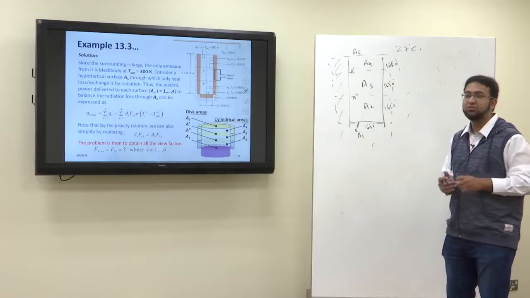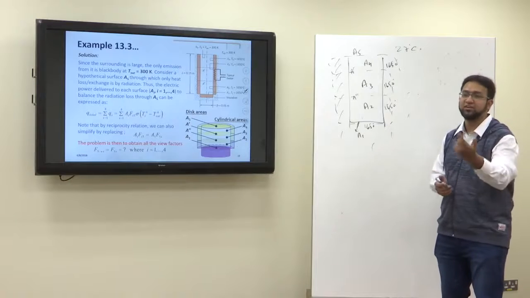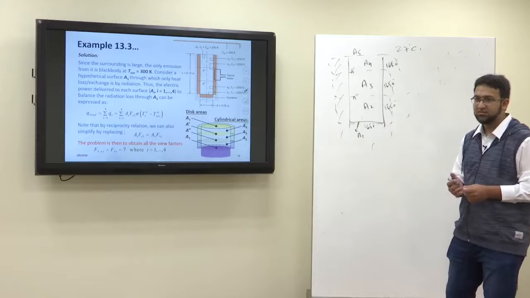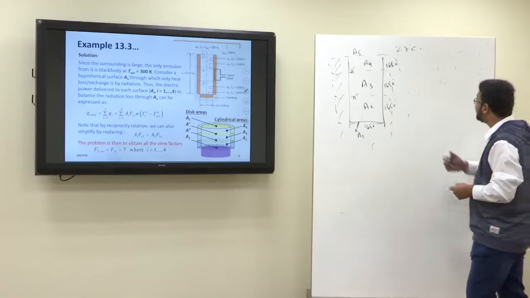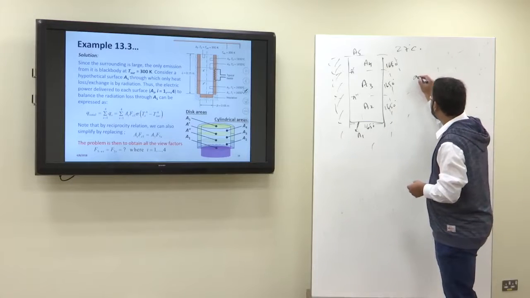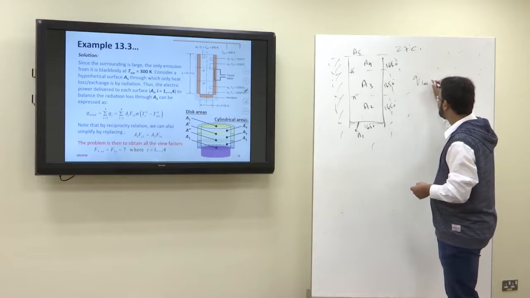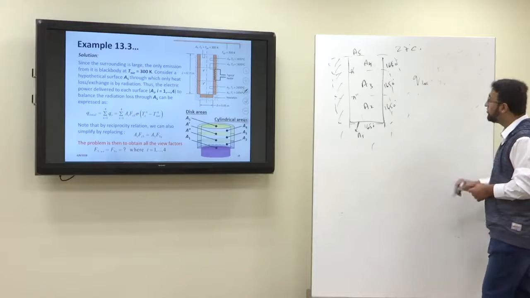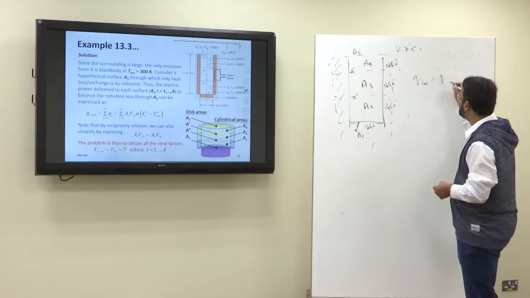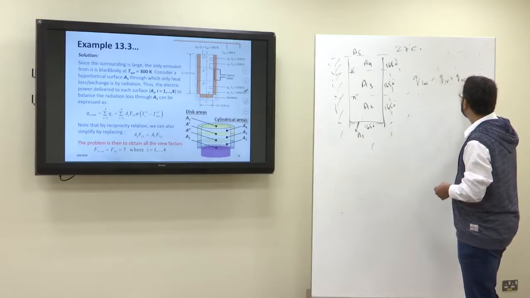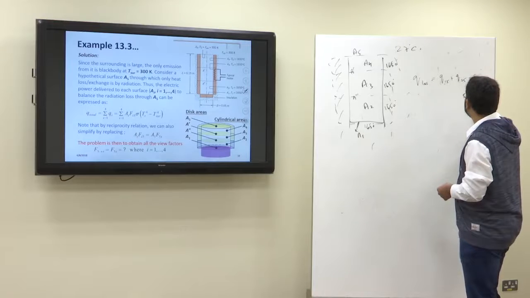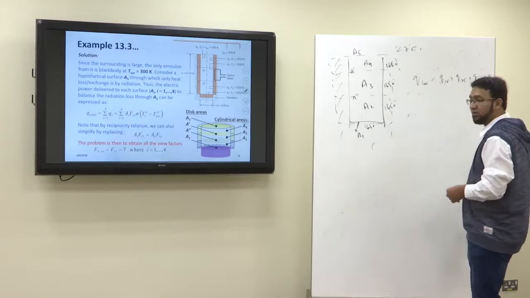And we need to determine how much that heat loss will be. Is it clear? So we need to determine the Q loss. The Q loss will be equal to Q1,5 plus Q2,5 plus Q3,5 plus Q4,5, right?